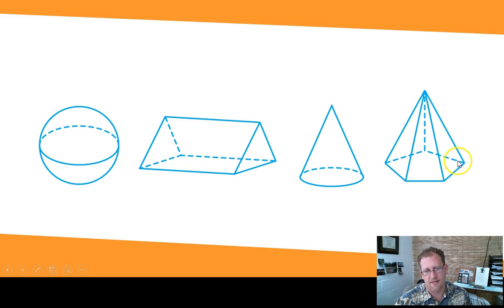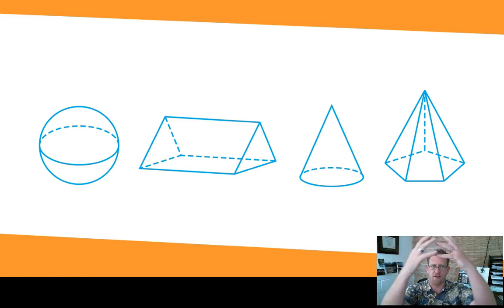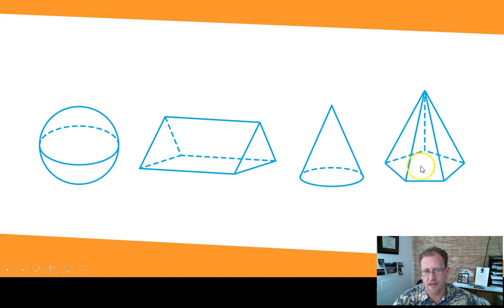These are base edges, where the base, the thing in this case that it sits on, but a base is actually the shape of polygon that defines the rest of the solid. The line where the base meets a face, this would be a base edge. Okay, so bases, faces, lateral edges, and face edges, or base edges, we've talked about in this little brief moment. If you need any help with that, go back.